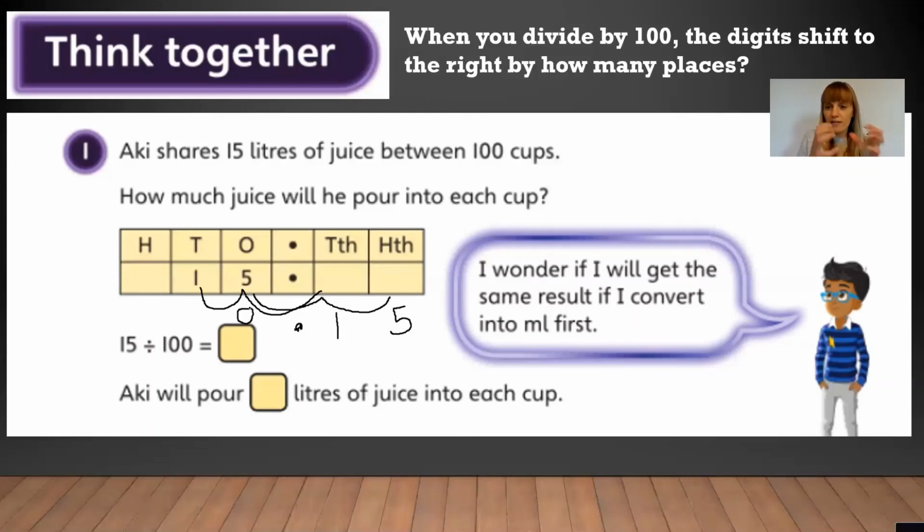That 0 is acting as a placeholder to show that there is nothing in the ones. Don't need to go into the tens and the hundreds. It doesn't happen. But in this case, you need to have a 0 in the ones. So your answer would look like this. 15 divided by 100 is 0.15. So Aki will pour 0.15 litres of juice into each cup.